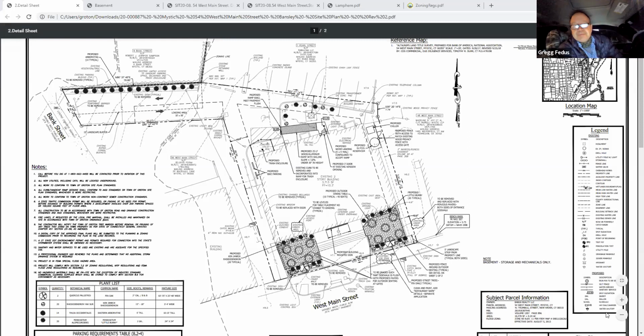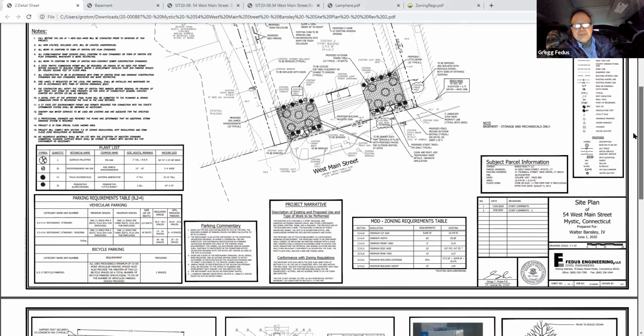Yes. And then I can't see on the print, but is there some sort of dividing barrier between these patios and the public sidewalk? Fence? Yes, there is. There's a fence and there's a detail, I believe it's on the second sheet of the plan that Bruce has up right now. Okay.